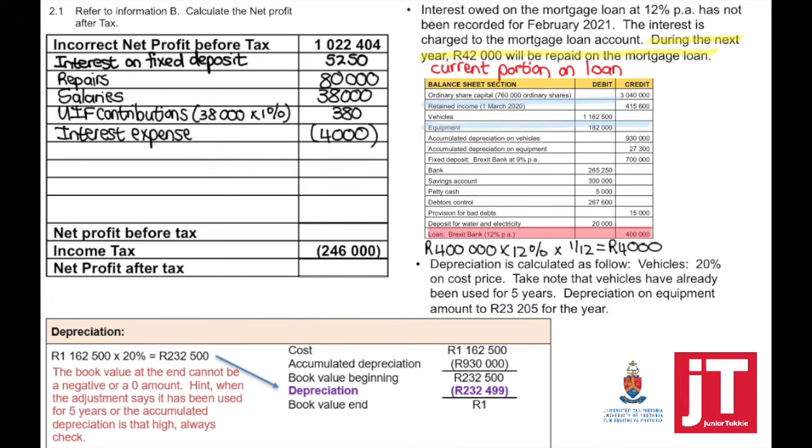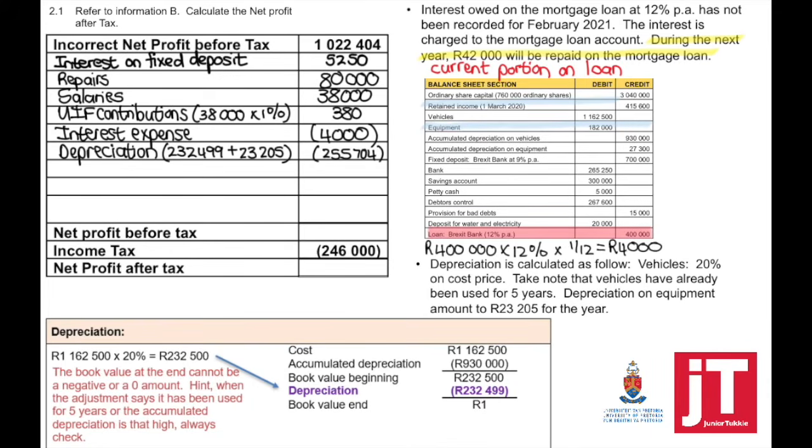So if we calculate the depreciation now, we have to calculate the book value, cost minus accumulated depreciation. If my book value at the end of the accounting period is equal to 1, it means that my depreciation for this year is 232,499.